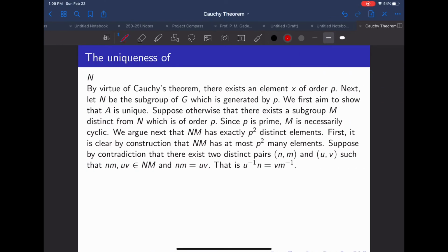So the fact that nm is equal to uv implies that u inverse n must be v m inverse, right? So what does that mean?